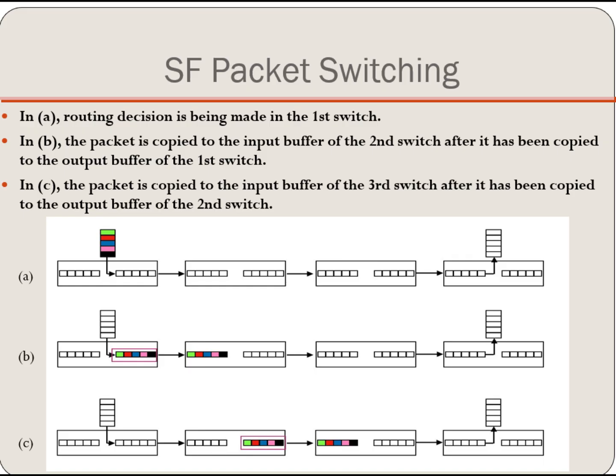Because for a switch to make its decision, it needs to wait until the whole packet is in its input buffer. Then it examines the header and makes the decision, for example, you should go through this output link, and copies the packet from the input buffer to its particular output buffer, and so on.